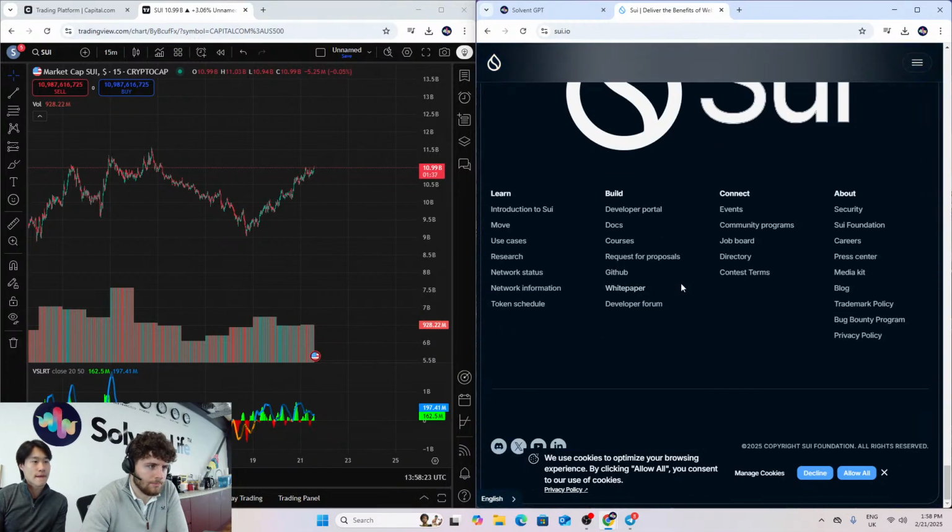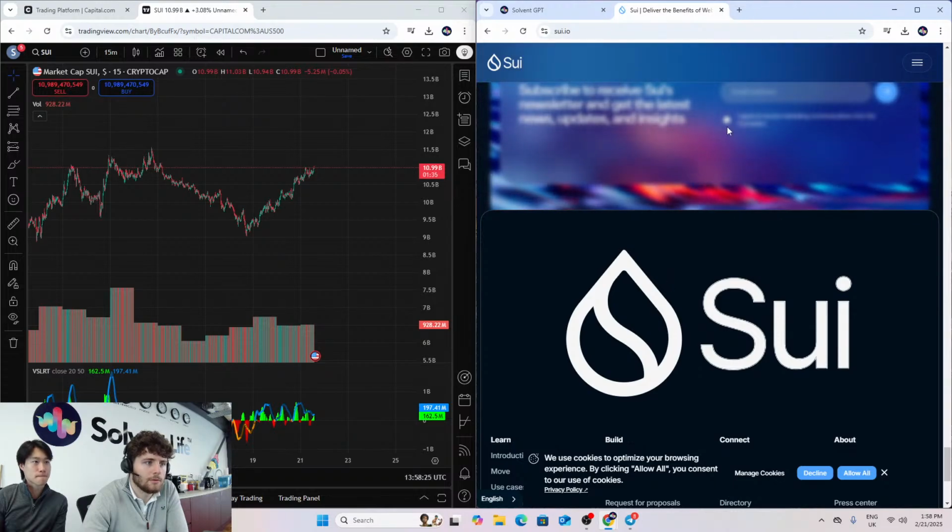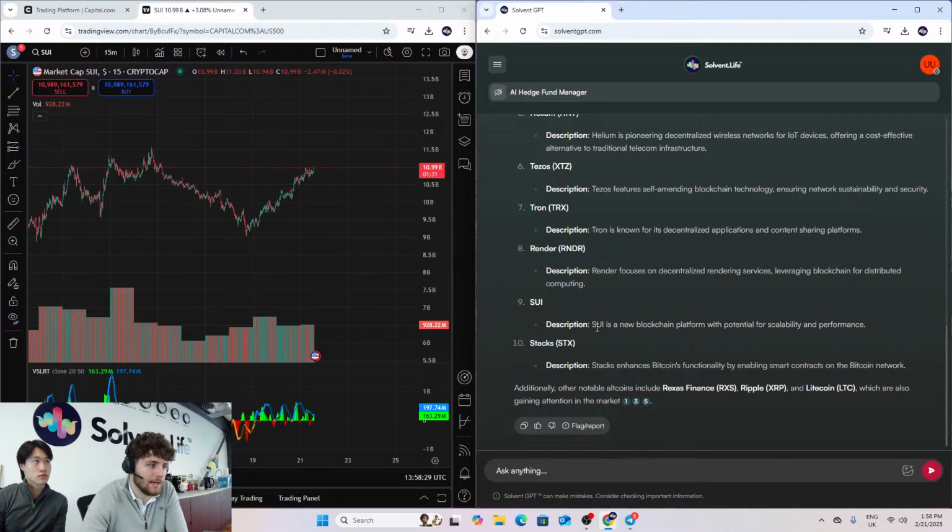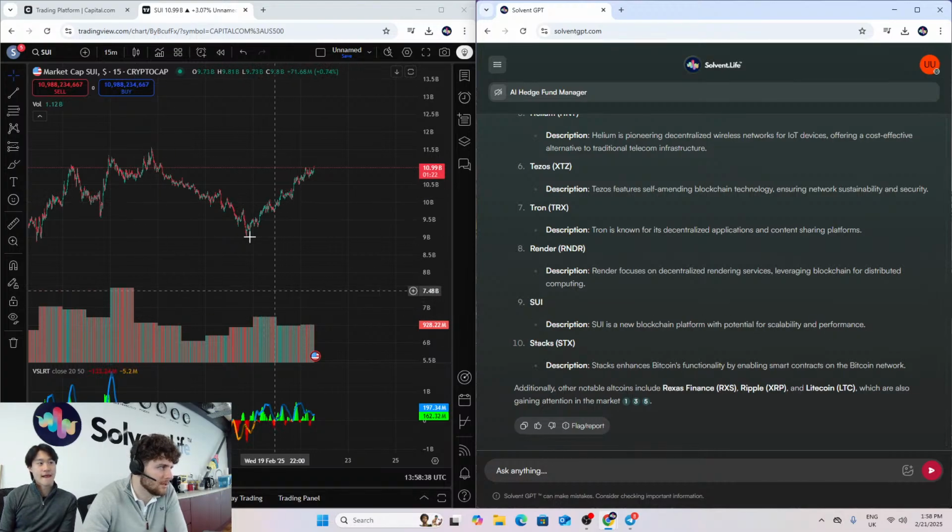Wow. Okay, Sui looking like a very strong pick. The GPT has recommended it as it's a relatively new blockchain platform with potential for scalability and high performance. Fantastic.